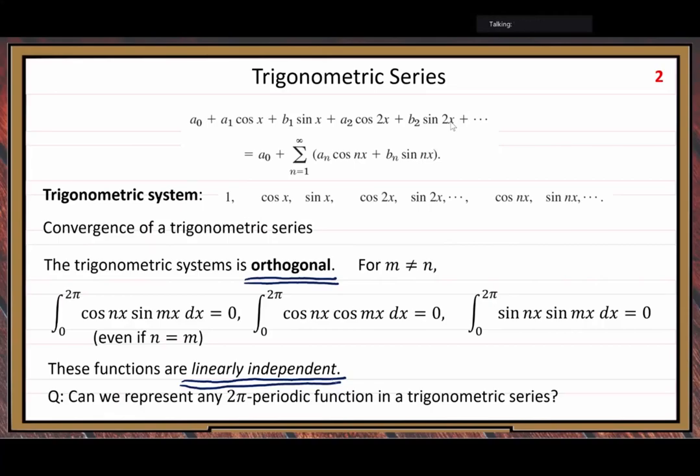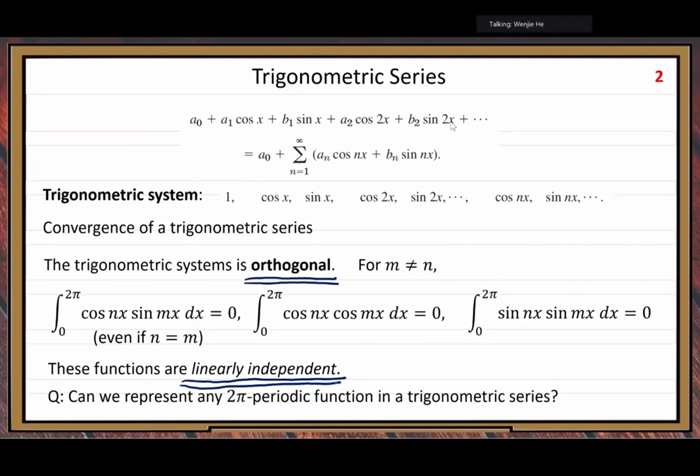Are they correlated? Let me explain a little more about this orthogonality property.